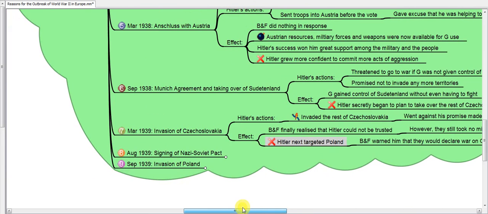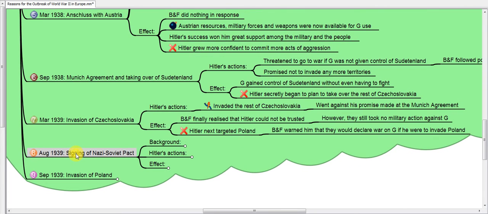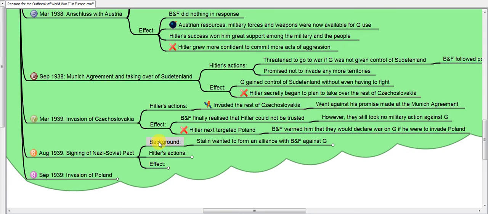Now, before Hitler took his next aggressive step, he did sign the Nazi-Soviet Pact with Stalin, the Soviets. What's the background to this? Stalin, who is from the USSR, had wanted to form an alliance with Britain and France against Germany.